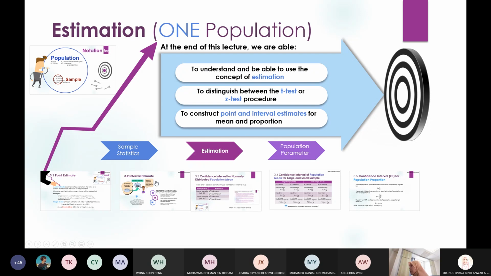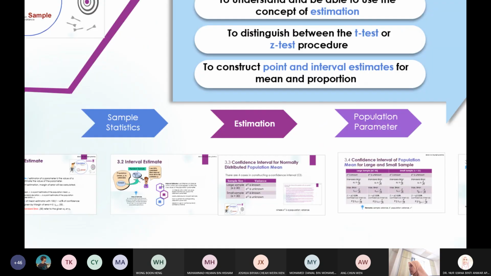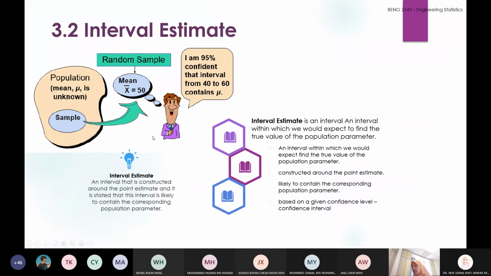If you still remember, the topic of interval estimate measures our confidence level and our significance level, meaning the error that we allow in our data collection to estimate the population, because we are taking a sample and we have a certain confidence in the sample data.